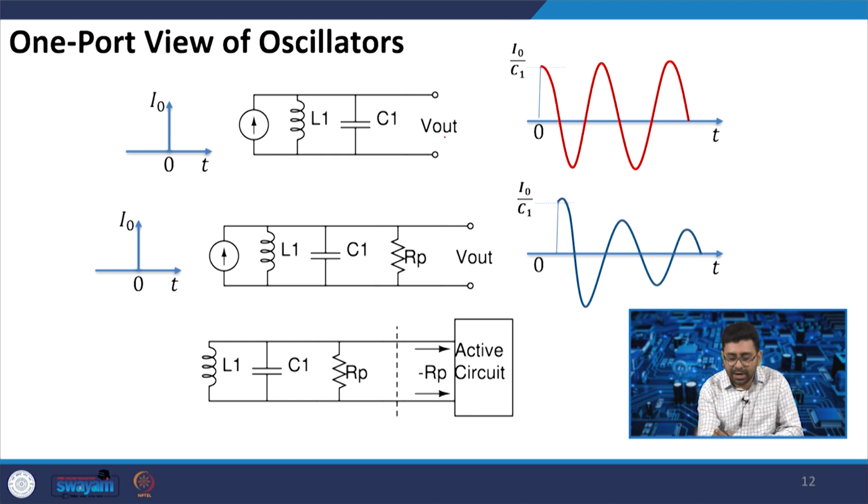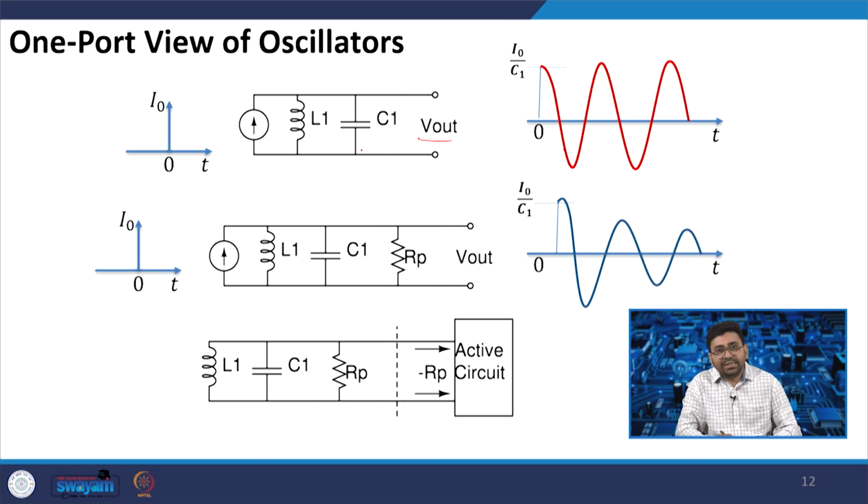If we plot the V out, it will generate a voltage I0 by C1, and that voltage will start the current. Because of this pulse and voltage form, current will slowly start flowing through L1, and that current will reduce the voltage across the capacitor. It will reach this, and again it will reduce, and whatever current is charged in L1 will be applied to C1, increasing the voltage.